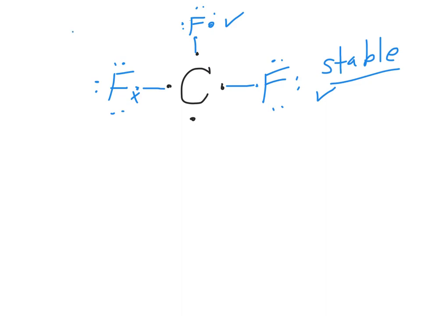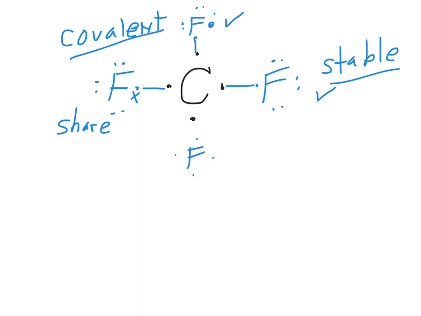Now because this is a covalent bond, remember that covalent bonds share valence electrons. Here we have another fluorine. 1, 2, 3, 4, 5, 6, 7. And this completes your molecule.